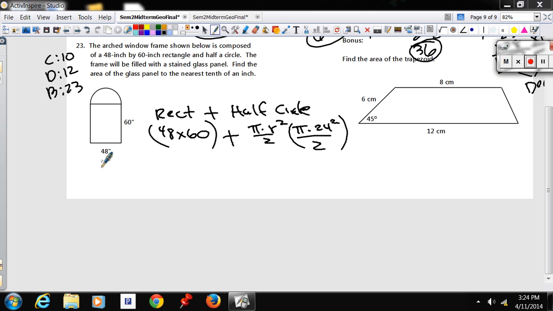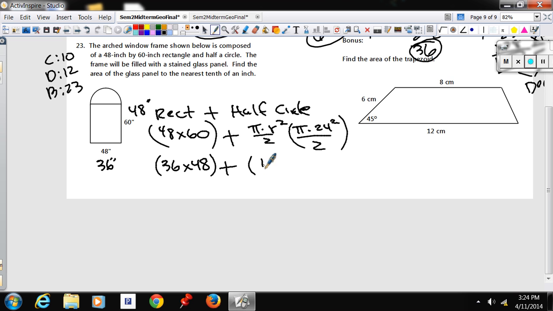Okay, you might have had a 36 and a 48 for your two numbers. So if that was the case, then you're going to do 36 times 48, and you're going to add to it pi times 18 squared divided by 2, which is half of the circle. So let's get the two answers.